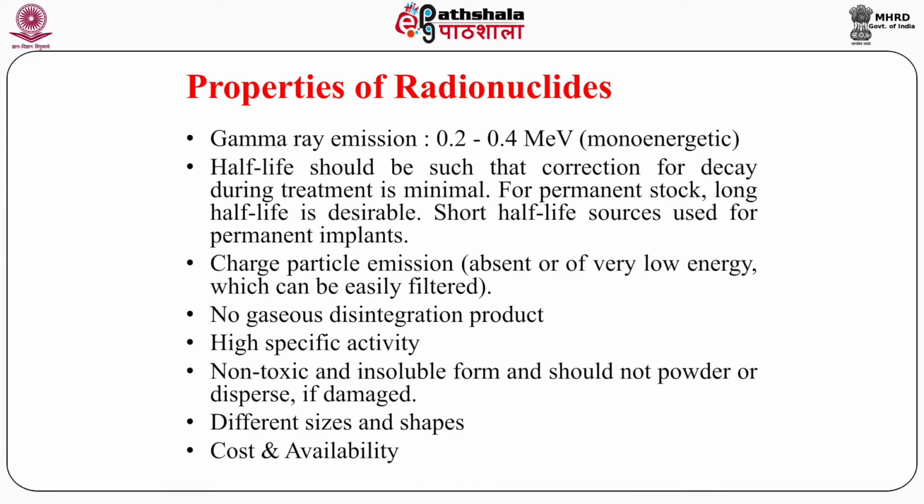If specific activity is high, then small sources can be made, and if the source size is small, it can be used at various places in the body. Different types of tumors can be easily treated. Applicator size will be small in that case, and we can conveniently use that source.